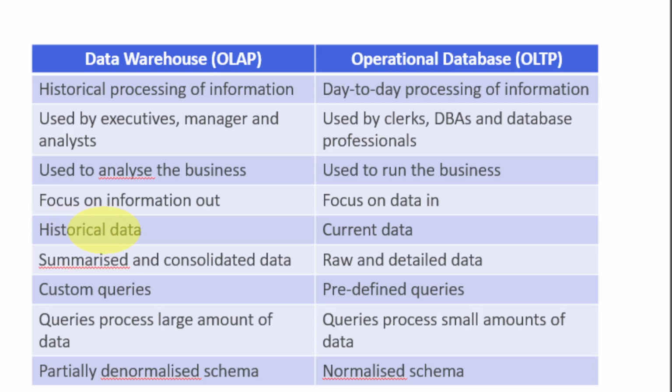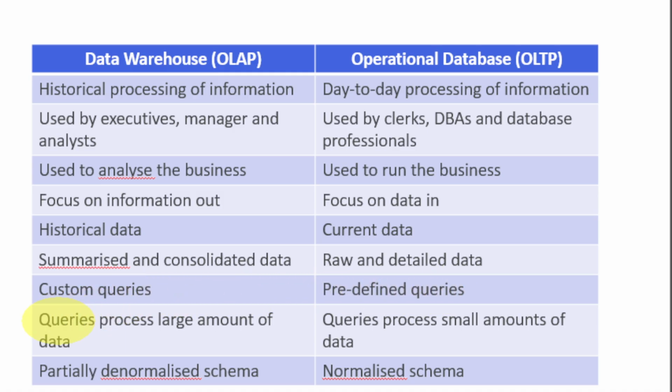It's all about historical data in data warehouse, and operational database is current data. Summarized and consolidated data, whereas in operational database we have raw and detailed data. We can do custom queries in data warehouse, whereas in operational database we do predefined queries.